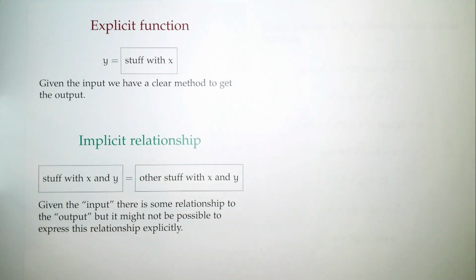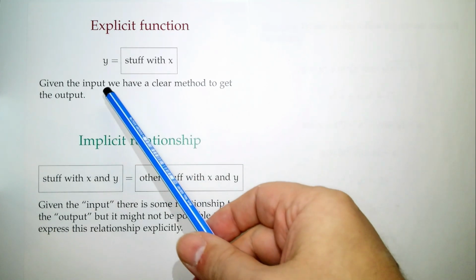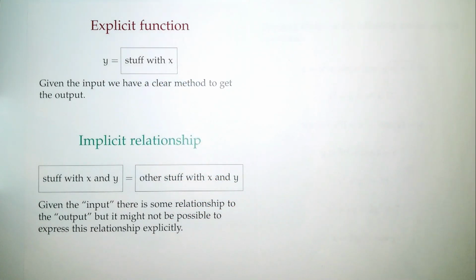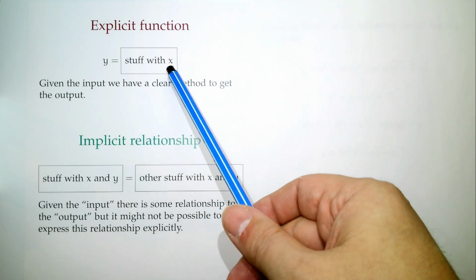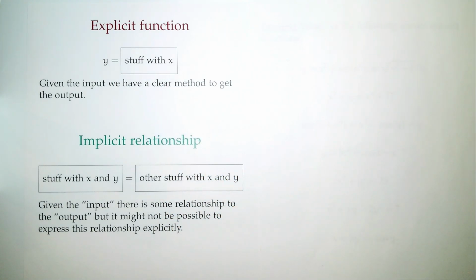So we're going to start today talking about explicit functions versus implicit functions. Now an explicit function, these are the kinds of functions we've been dealing with, where we have y equals stuff with x. Now there's really nothing sacred about the symbols y and x, just one variable depends on the other variable. And this is how we oftentimes think of our functions.